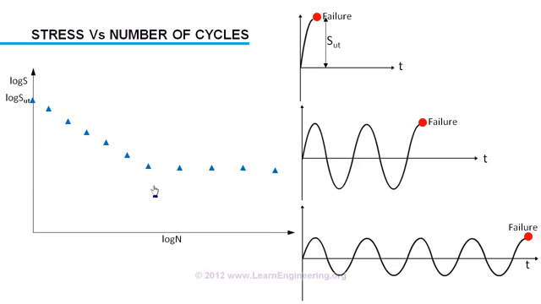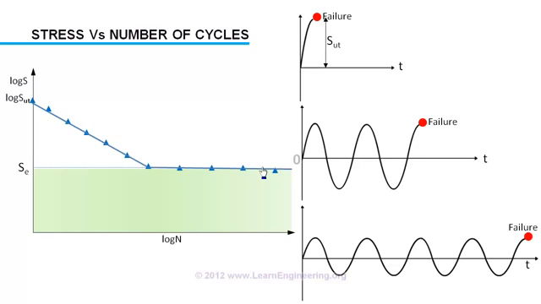This limit is known as the endurance limit. Below the endurance limit it is safe to operate the material. Engineers always try to design their components by keeping stress amplitude below the endurance limit. You can see that the endurance limit is way below the ultimate stress value. It is a good approximation to consider these two regions as linear.